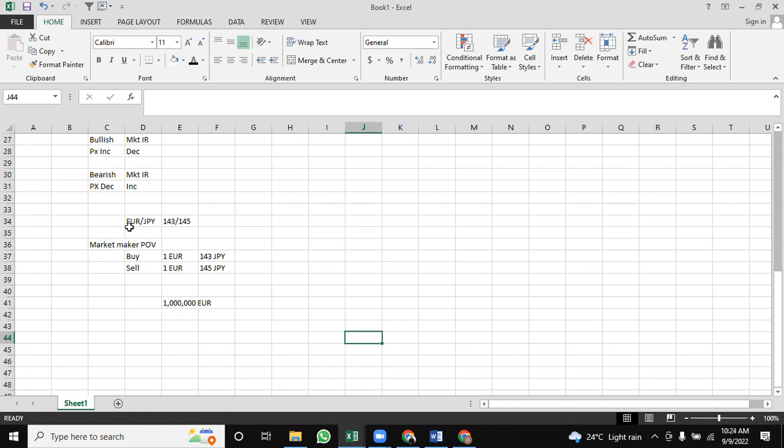Yes, ma'am. Now, you are holding euros. That means the market maker is going to be buying the euros from you. He's buying. Correct. So if he's going to buy, what rate is he going to use? He is going to use the bid rate. So what is the bid rate? 143 JPY, correct?